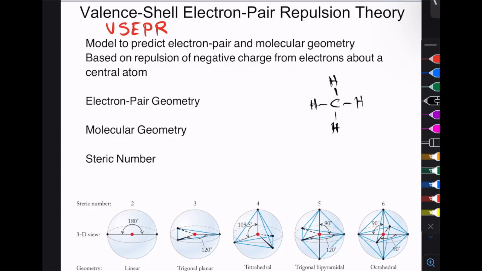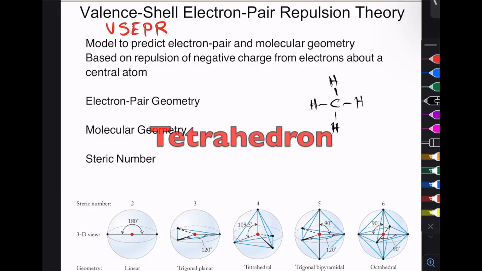Negative charges repel each other. So they can't go far away from each other though, because they're stuck to this central carbon. So they're forced to be together, yet they want to be as far away from each other as possible. So when that happens, they will naturally arrange themselves into the shape of a tetrahedron.